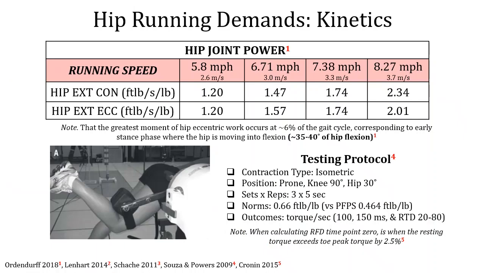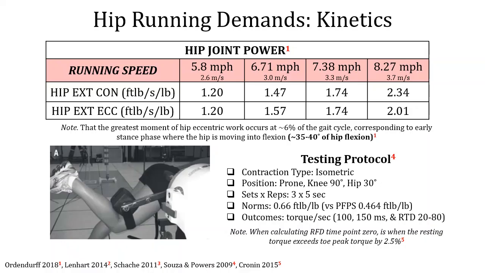So the hip power. When we are running, depending on the running speed, we are going to produce rate of torque development at the hip anywhere between 1.2 and up to 2.3 foot-pounds per second per pound of body weight.